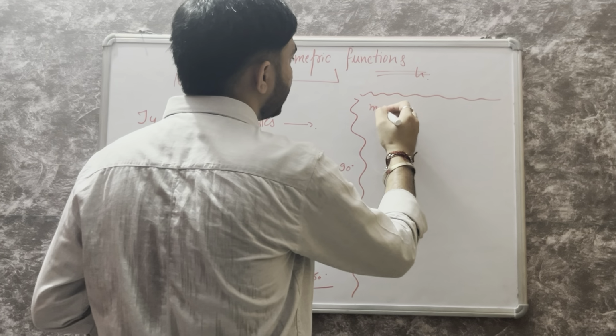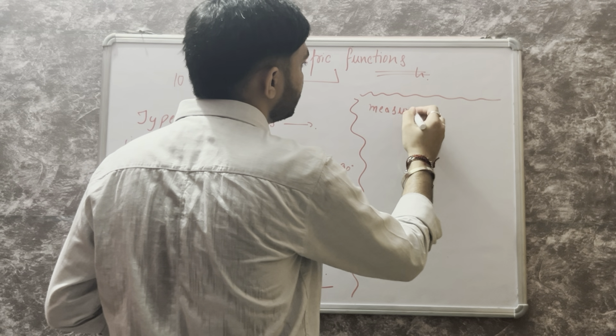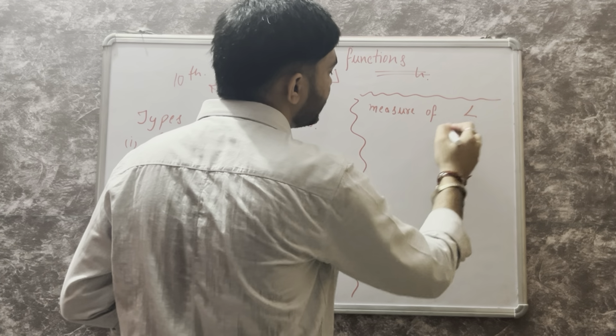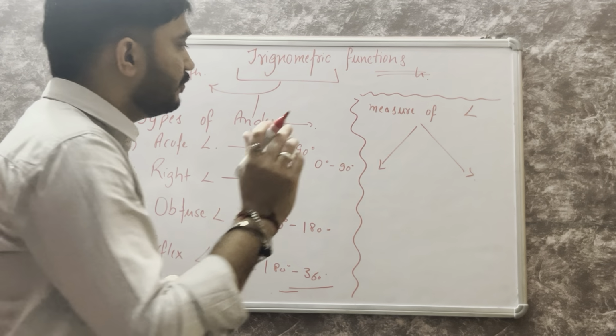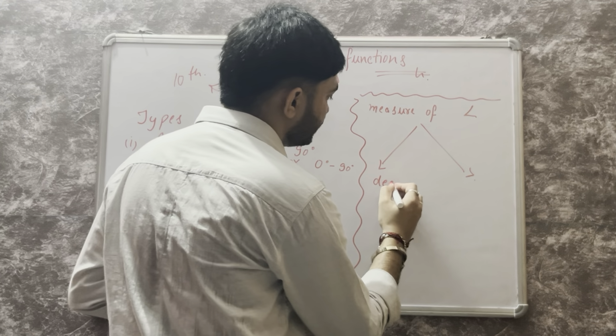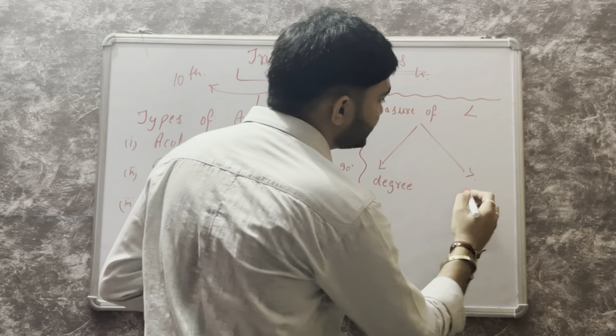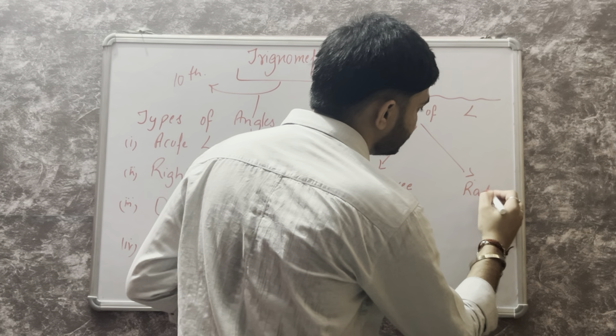The measure of an angle is done in two ways. First way is known as degree, and second way is known as radian.